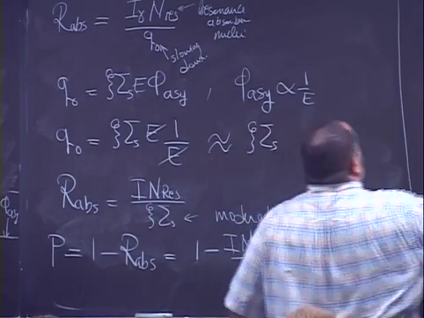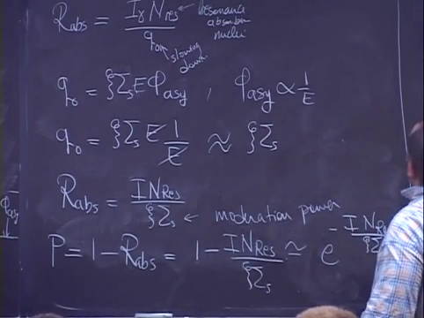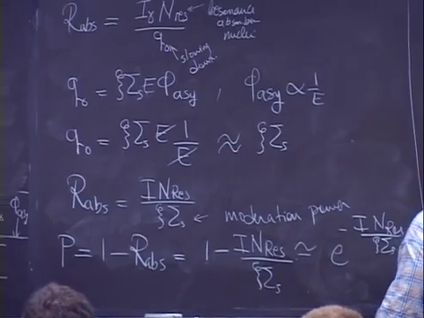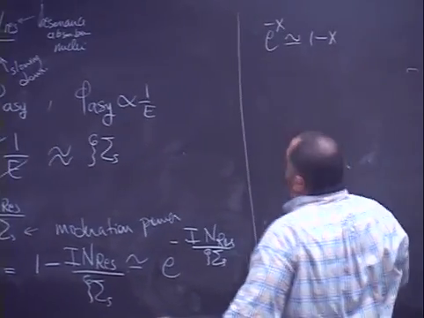Why? Because if you have e to the power of x for a small value of x, this is nearly 1 minus x.